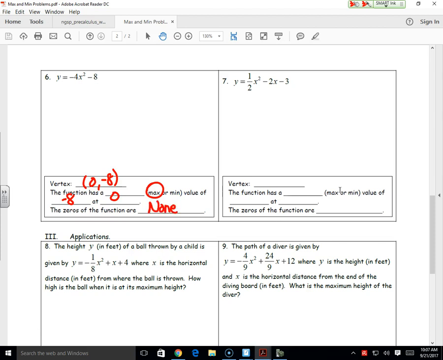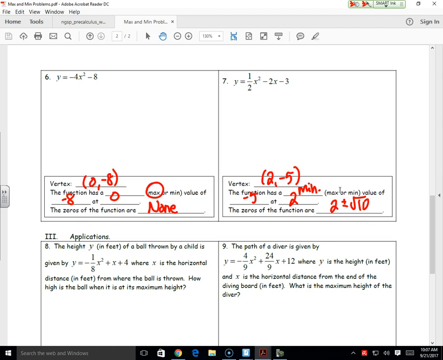Do you guys find none for number 6? Yeah. Cool. Number 7, we have the vertex at 2, -5. We have a min of -5 at x equals 2. And the zeros of the function should have been 2 plus or minus root 10.